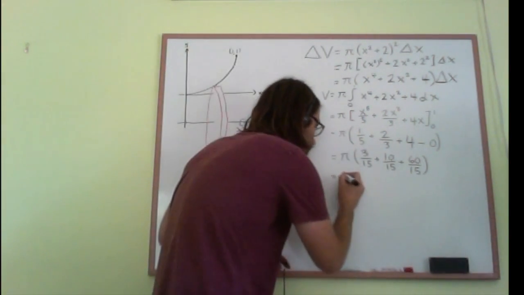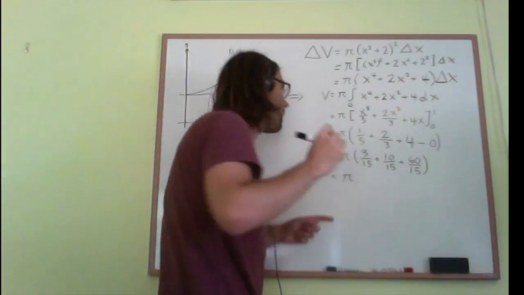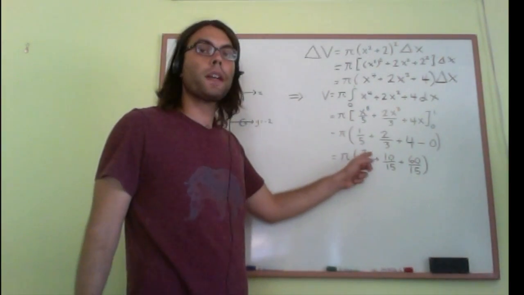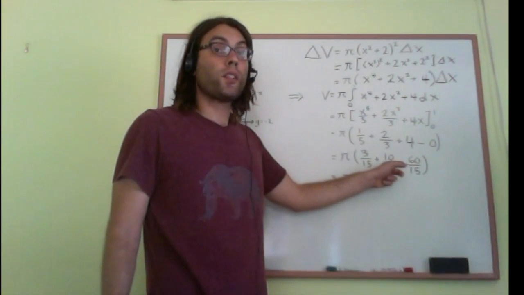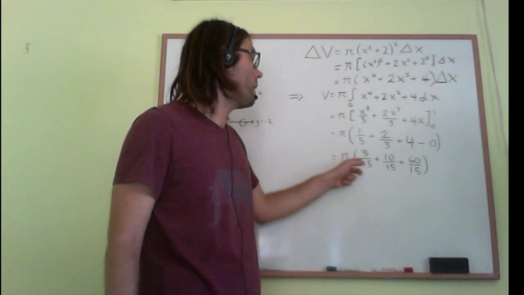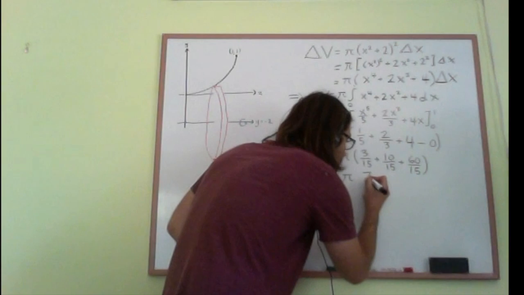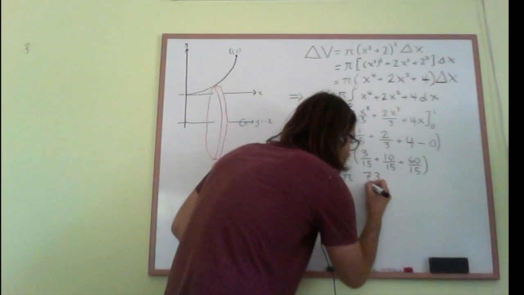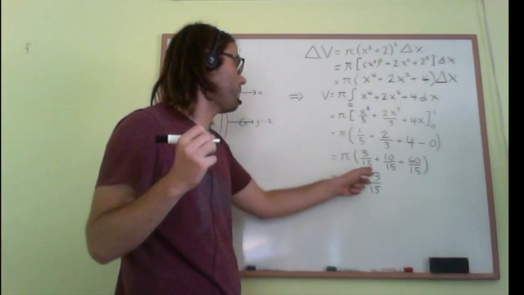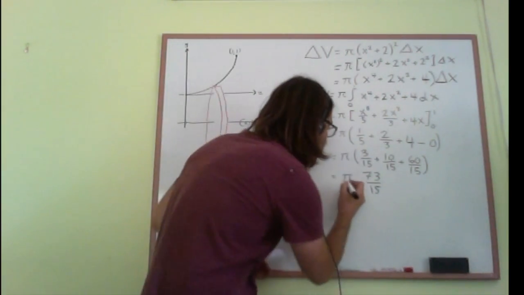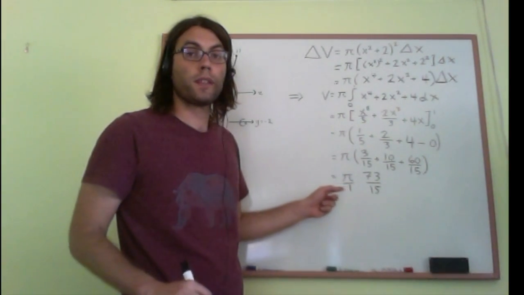Okay. I'm going to go ahead and drop the parentheses entirely. 3 plus 10 plus 60 is 73. Therefore, this sum here turns into 73 over 15. And pi times 73 over 15, that's the same thing as pi over 1 times 73 over 15.